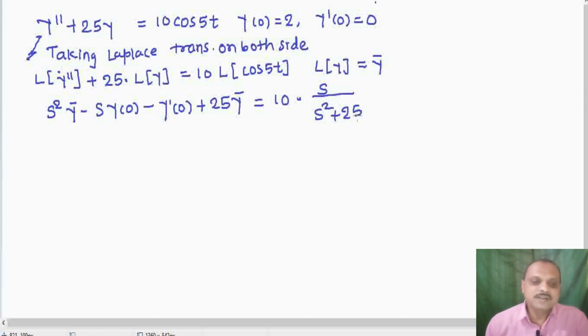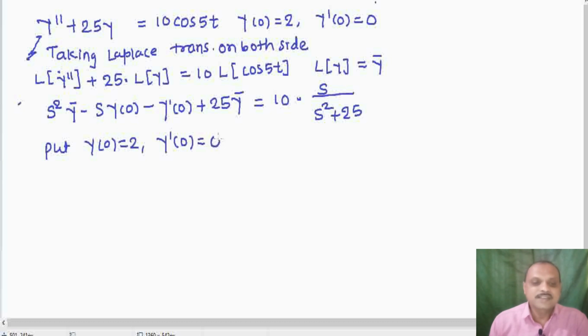So this is the simple process. Now you can see that we can put the values of y at 0 and y dash at 0. Put y at 0 equal to 2 and y dash at 0 equal to 0.